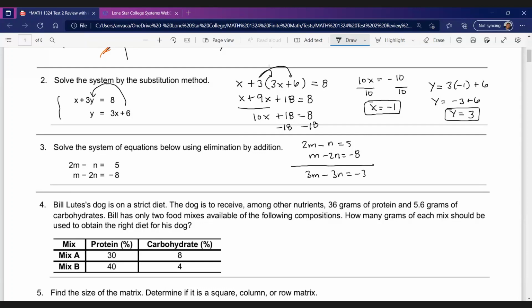Notice that as we added these two equations, we still have an equation in terms of m and n. That doesn't help us out. We would like to add the two equations so that the resulting equation only has one of those variables, either an m or an n. So this is not going to help us out.